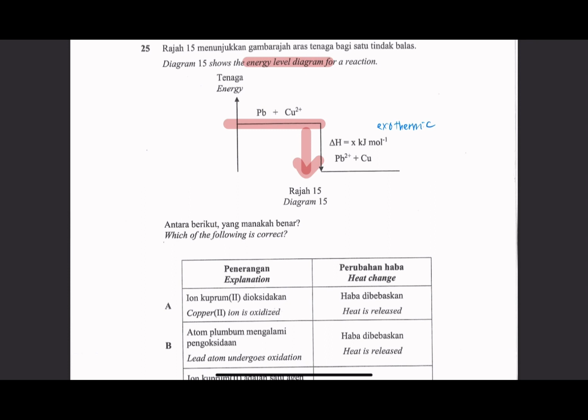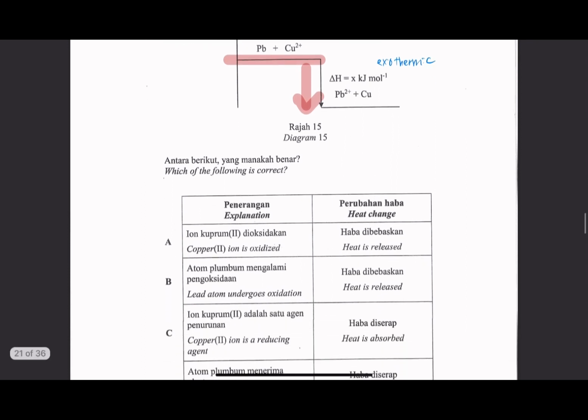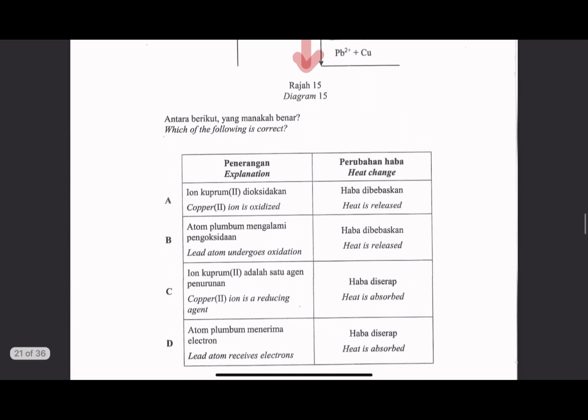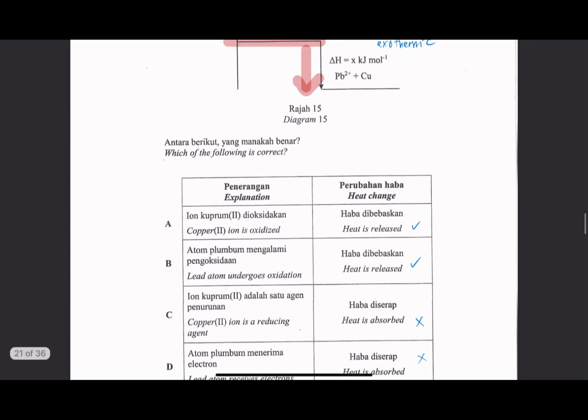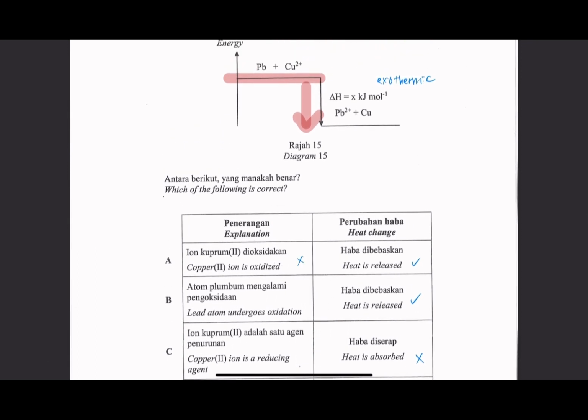Which of the following is correct? Okay, exothermic, the heat will be released. Explanation, the copper 2 ion is oxidized. Okay, no, incorrect. The copper ion actually is reduced. The lead atom undergoes oxidation. Yes, the lead oxidized to become lead ion.